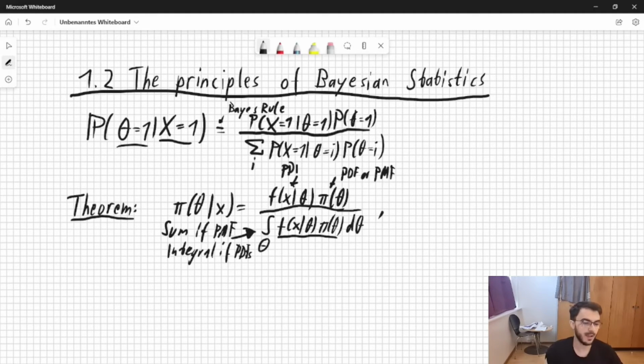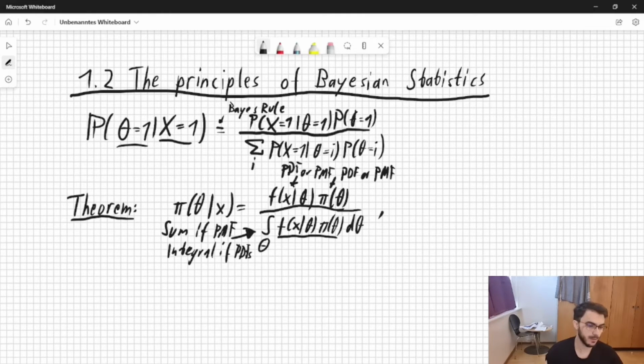But it has to be either PDF or PMF as well. It doesn't mean that they have to be the same thing, and there are cases where they're not. In the case that both of these are the same, this theorem holds. But for the mixed cases, we're going to need a very small additional requirement.